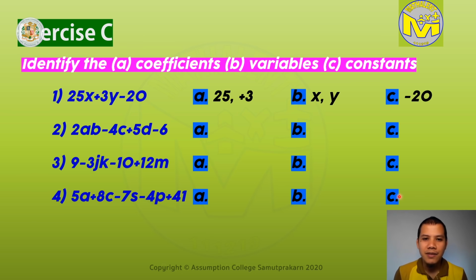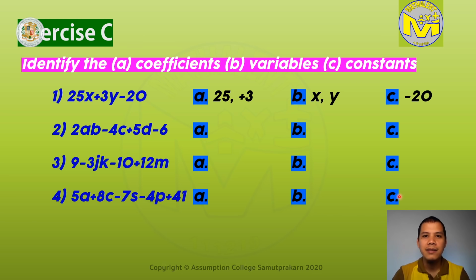So that is for today's lesson. We have learned about coefficients. Remember, coefficients are usually the numbers that are together with the variables, beside or before a variable. Let's say x. What is the coefficient of x? The coefficient of x is 1.